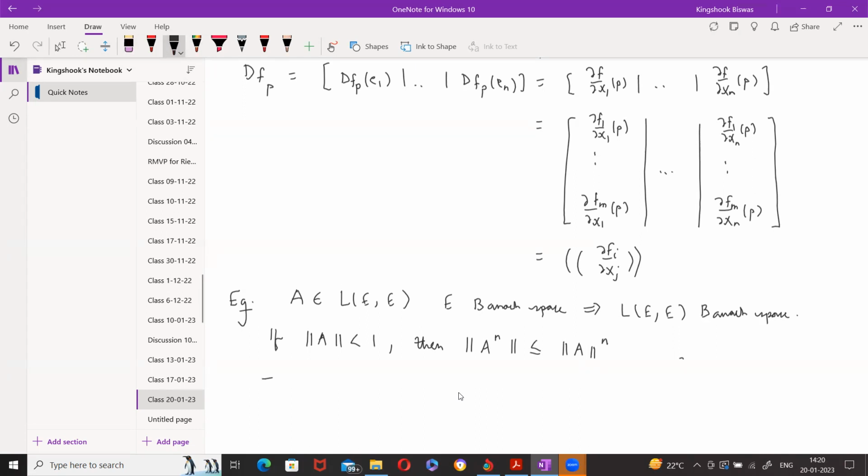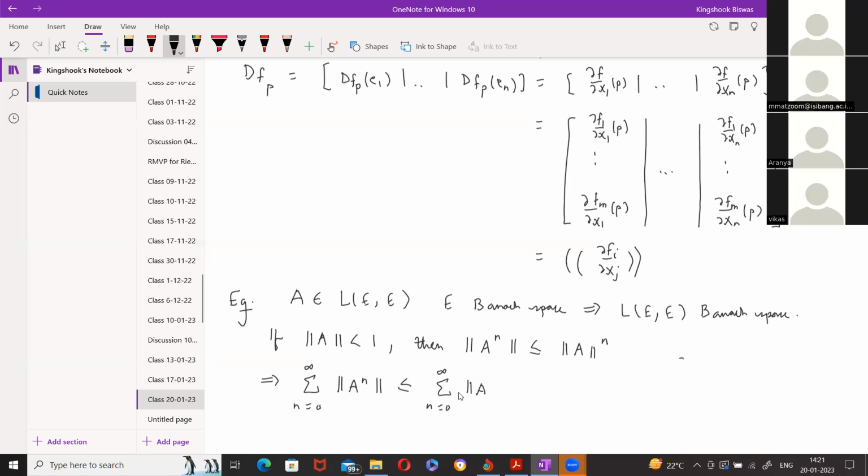So that implies that the sum over n from 0 to infinity of the norm of A^n is less than or equal to the sum of norm A to the power n. And this is finite because norm A is less than 1; it is a geometric series.